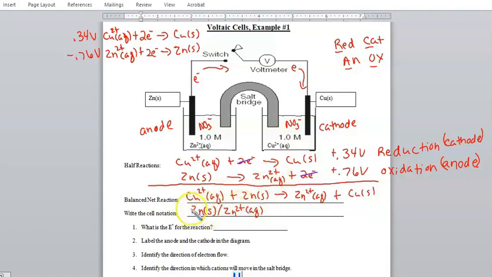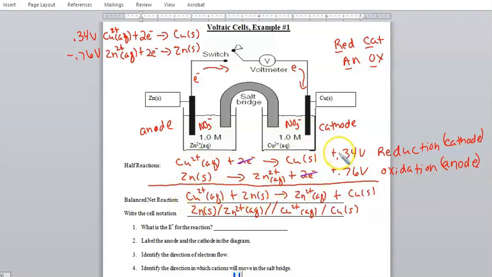Okay, so there's the anode, and then you put a double line, which is showing that separation, and then you do the cathode, reactant, and then product. So then Cu2+ aqueous / Cu, solid. All right, that's the cell notation. Coming from here, you take it from there.